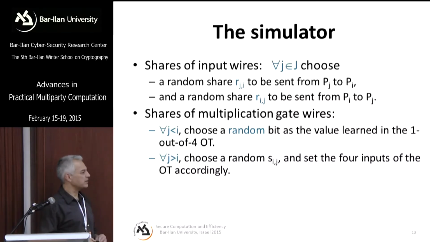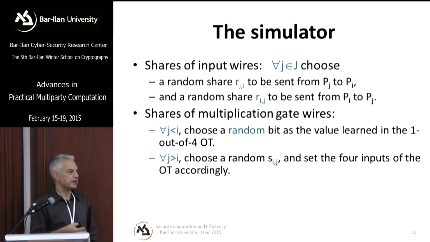And for every party Pj whose index is greater than i, which therefore runs as the sender in Oblivious transfer when it evaluates gates together with Pi, the simulation will choose a random bit Sij and define the 4 inputs that party Pj gives to the Oblivious transfer to be the values that the protocol tells that party to input to the Oblivious transfer if it has this value Sij.